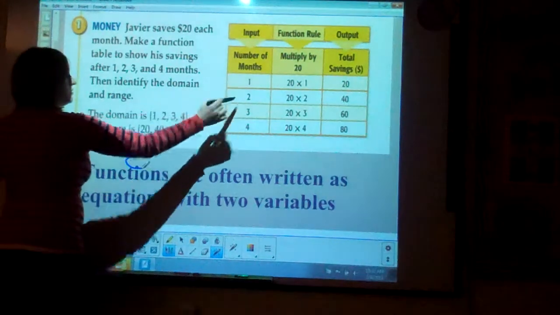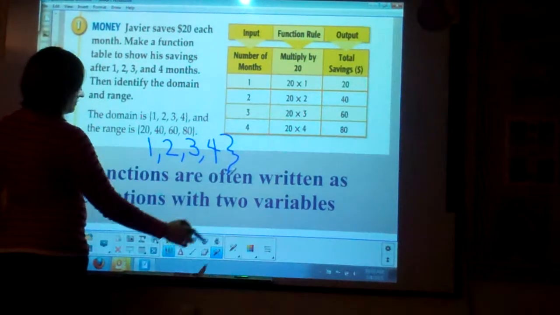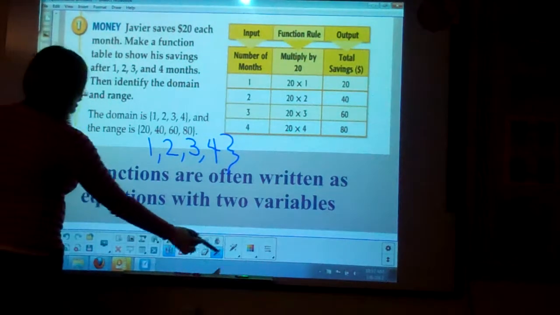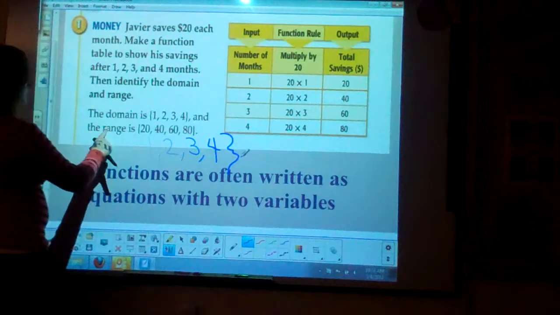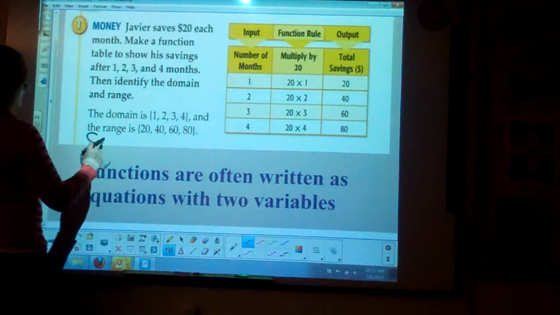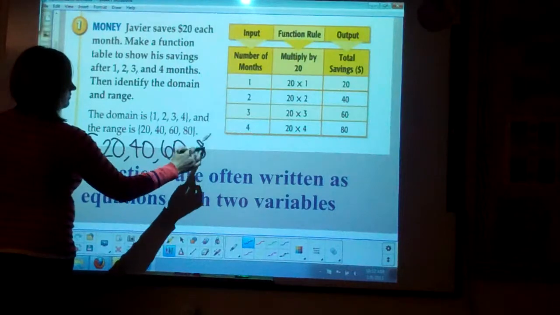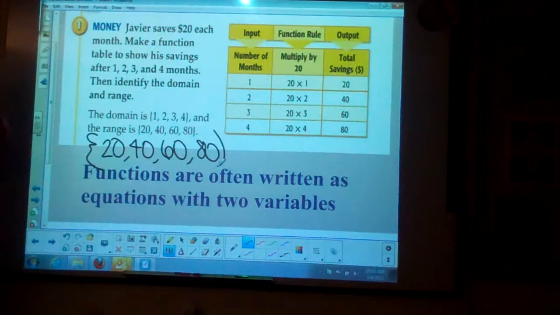The domain is 1, 2, 3, and 4. And then the same thing with the range. You put the brackets, 20, 40, 60, and 80.